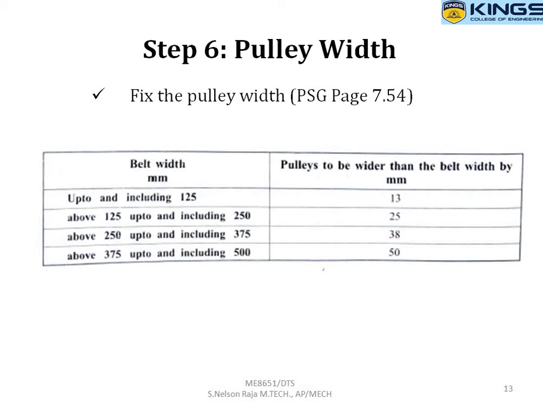The third condition is above 250 mm up to and including 375 mm, where the standard pulley width is 38 mm. And the last condition is above 375 mm up to and including 500 mm, where the standard pulley width is 50 mm. This table is available on PSG page number 7.54.